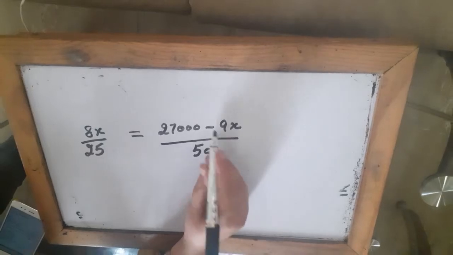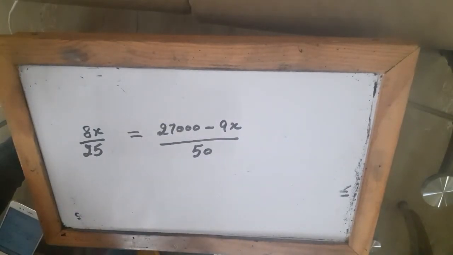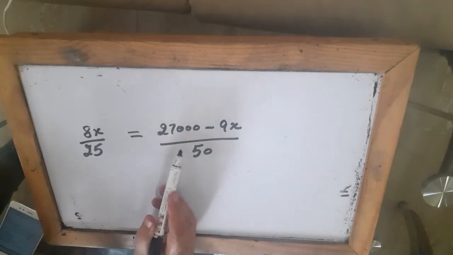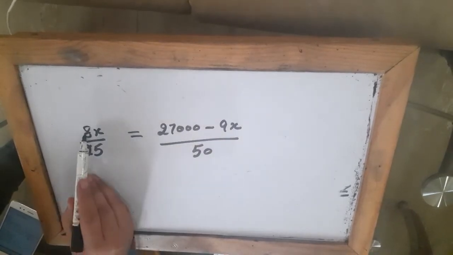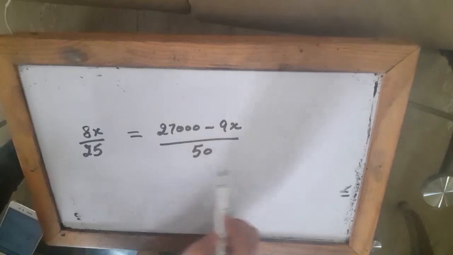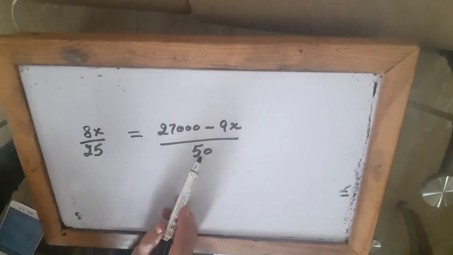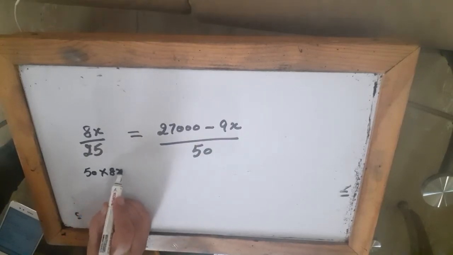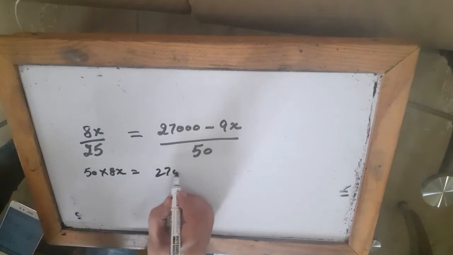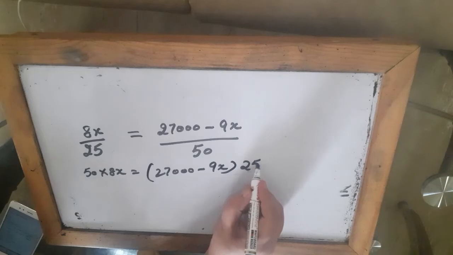So in the second part the simple interest was this, and in the first part the simple interest is this. Now how will I solve this? You can cross multiply. This is one fraction, this is another fraction. When you have fractions on both sides, you cross multiply. This 50 will come up, 50 into 8x, while 27000 minus 9x will be multiplied with 25.